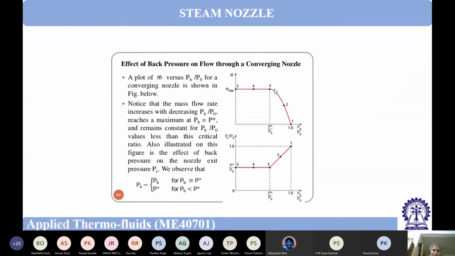Now why does it happen so? Physically I am changing the back pressure, but there is no change in the mass flow rate.